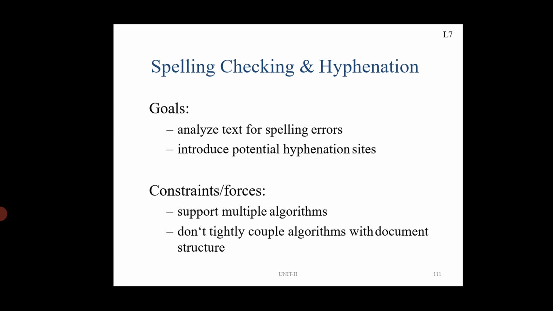Now we study the two pieces of this puzzle of spelling checking and hyphenation. The first is accessing the information to be analyzed, which is scattered over the glyphs. Glyph acts as an abstract class for all the objects present in the document structure.